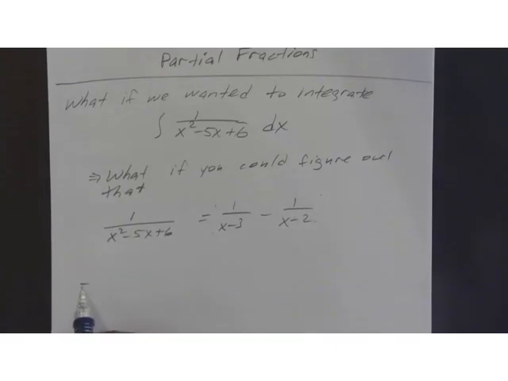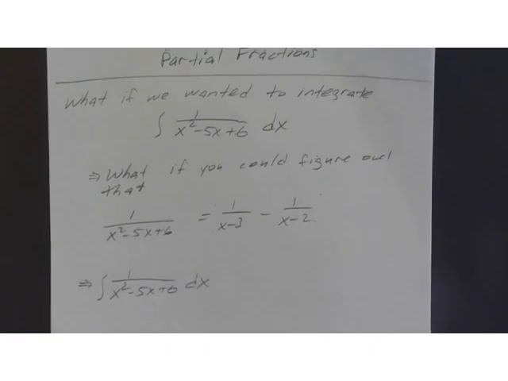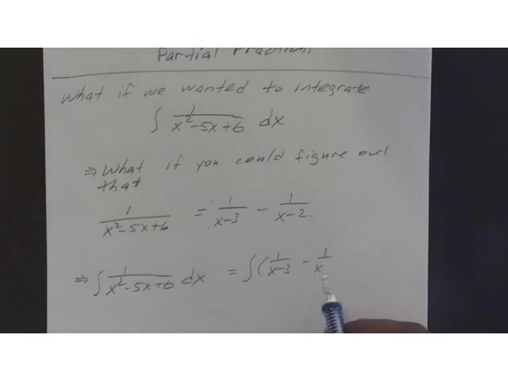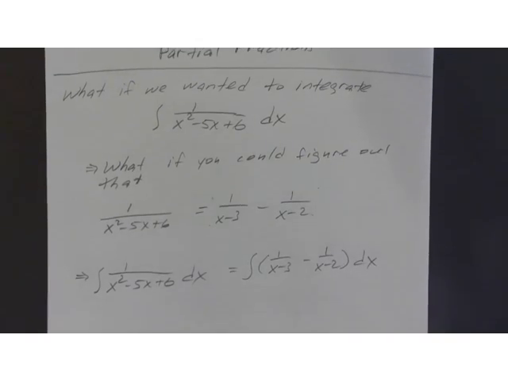Okay, so that means we could have the integral of 1 divided by x squared minus 5x plus 6 with respect to x. And we could just rewrite it as the integral of 1 divided by x minus 3 minus 1 divided by x minus 2 with respect to x. Just replace the function with an equivalent function.